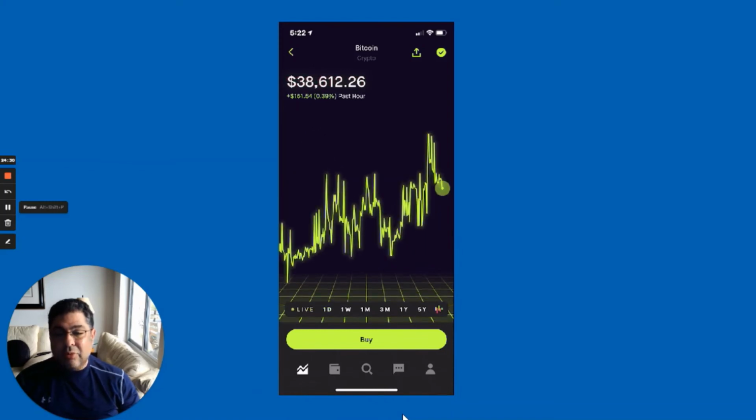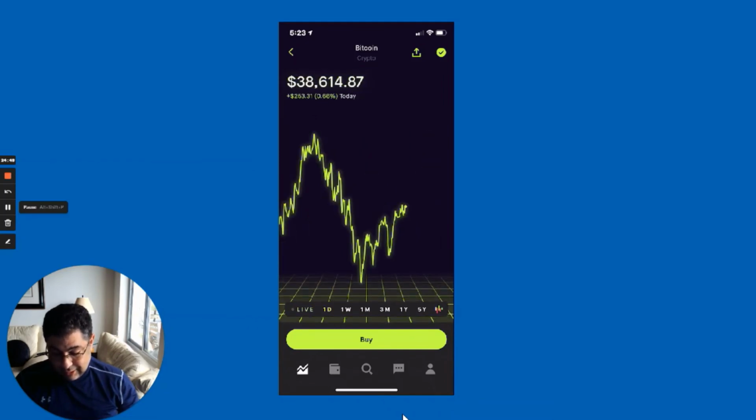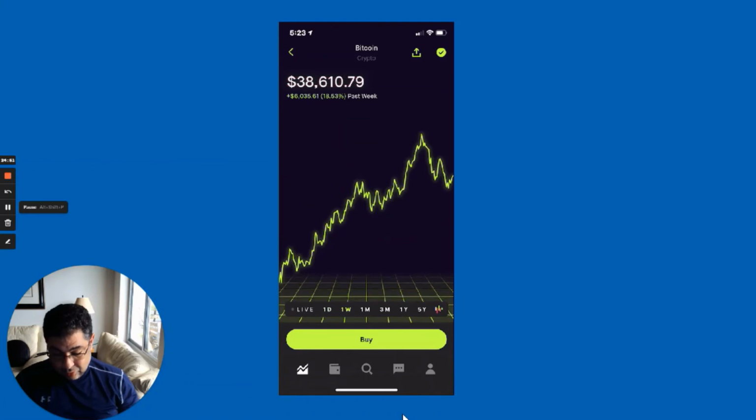You can click on the first one that says live. So it goes up and down, and you put your finger and then you move it, and you can see what each one of those are because it tells you right on the top. Bitcoin has been all over the place in the past couple of days. We look at the past week.